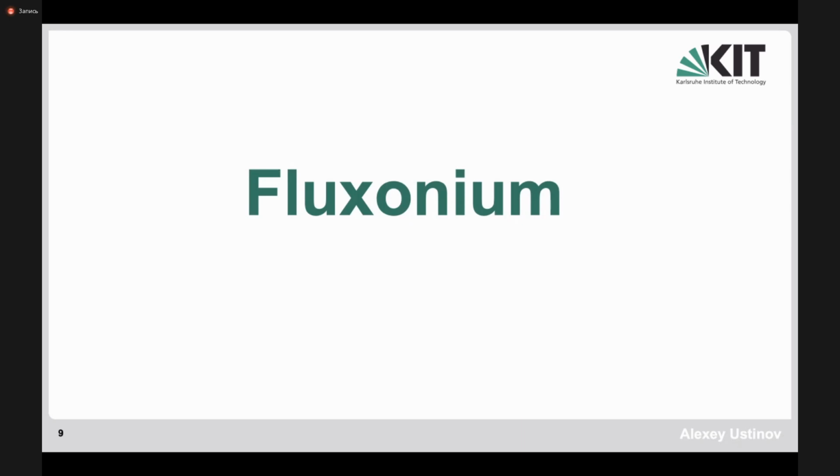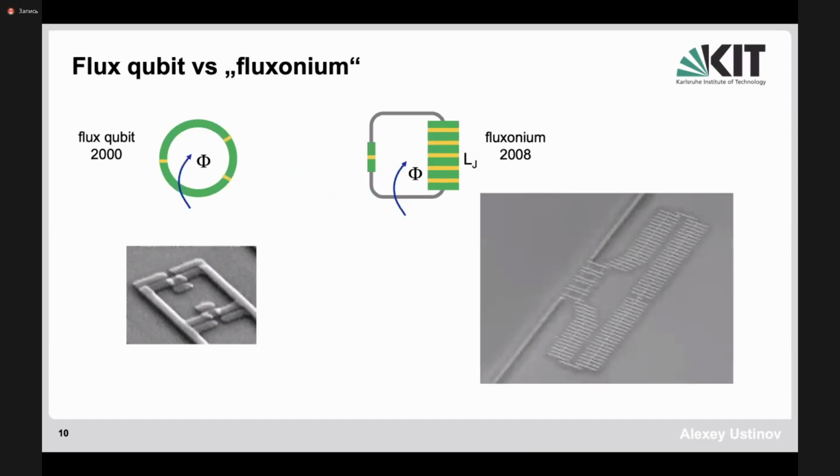So this qubit is more complicated in terms of its level structure and also in terms of physical properties. It is essentially very similar to the flux qubit, which we already discussed, but it's more general and more robust in terms of changing its parameters.